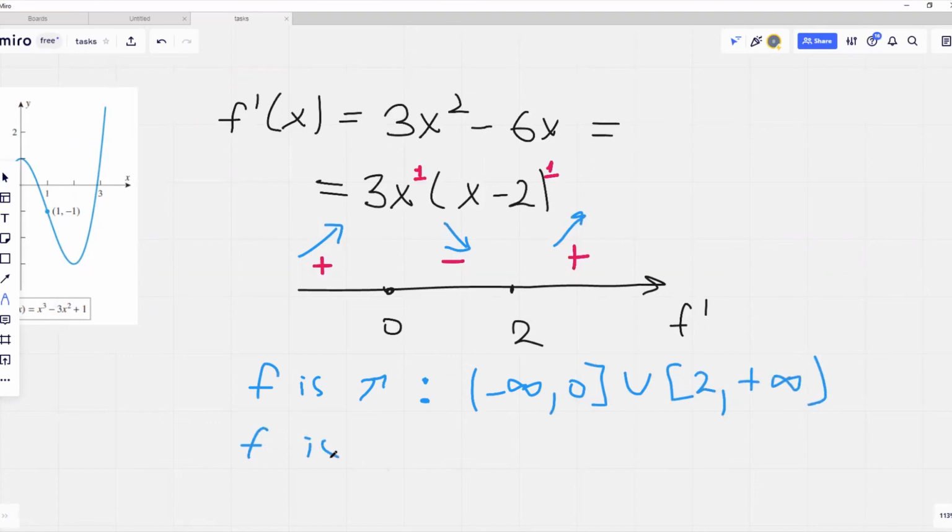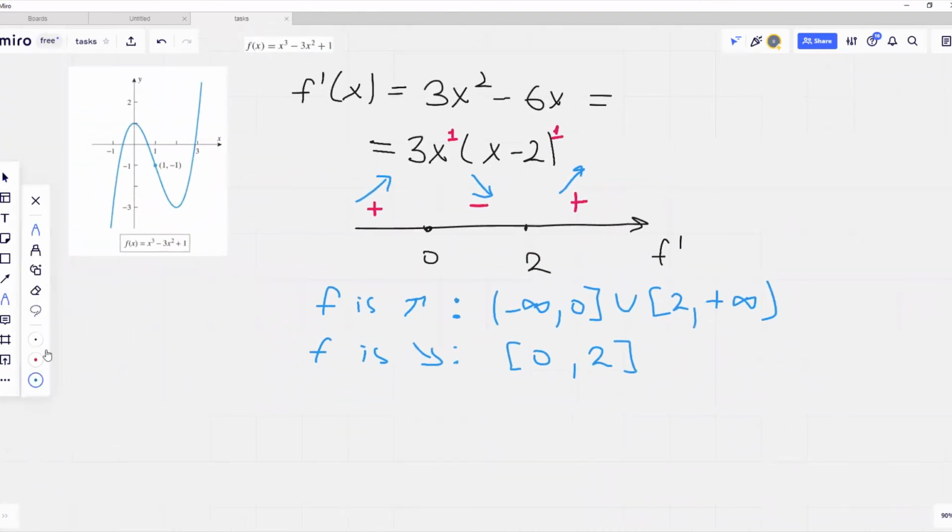And our function f is decreasing on the closed interval from 0 to 2. Now, when looking at concavity of a function, we'll be using open intervals. Just memorize that.